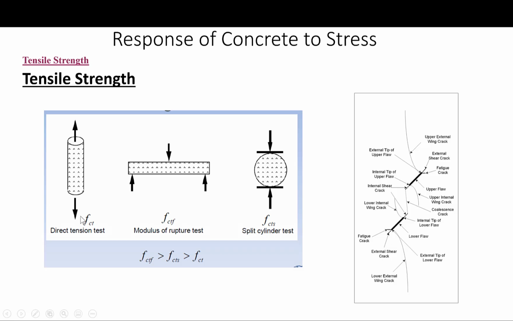And this is a direct tension test, which is not easy to perform, and there is no standard for this test adopted. Okay, so the values we typically get: the modulus of rupture value is usually higher than the split cylinder value, and this is the lowest value, which is the value we'll get from the direct tension test if it is performed.